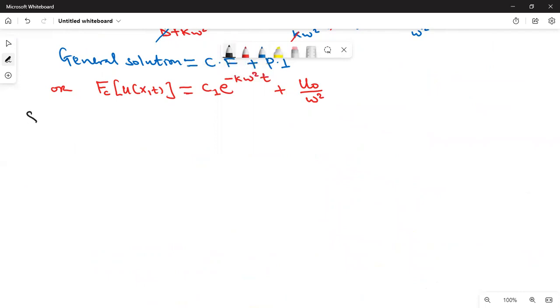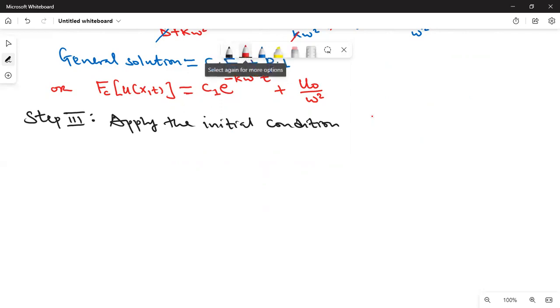So we write here step 3. Apply the initial condition. So what do we say?